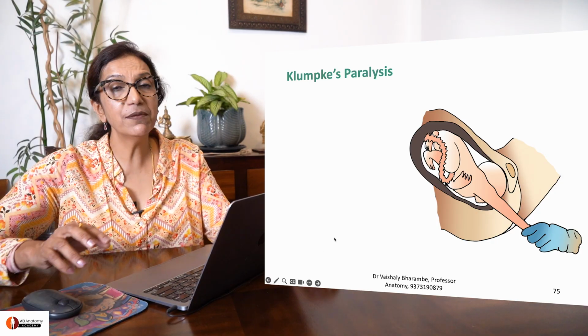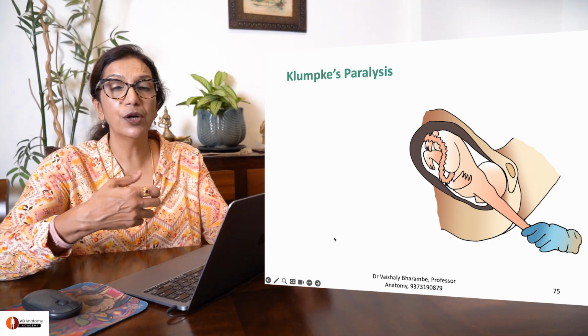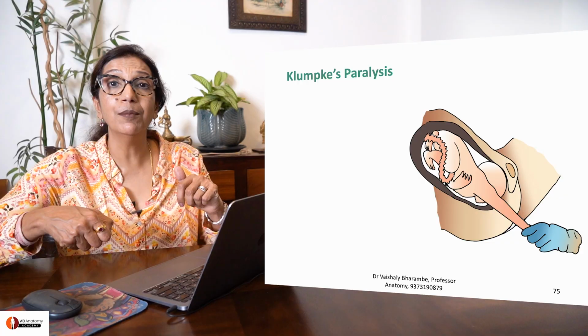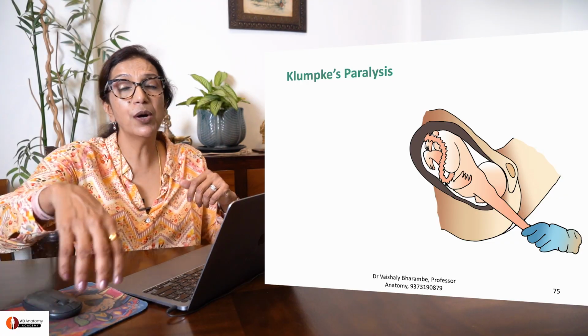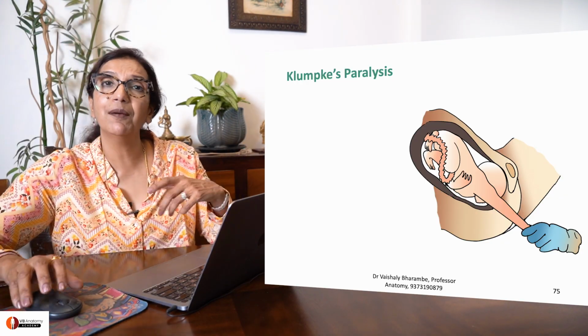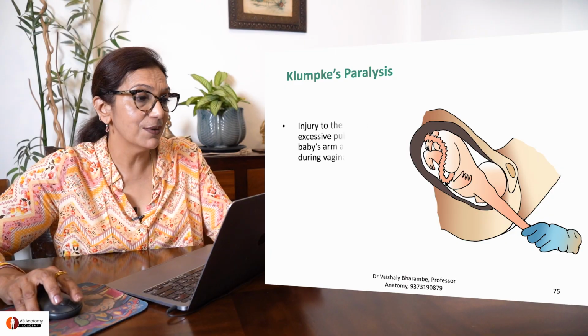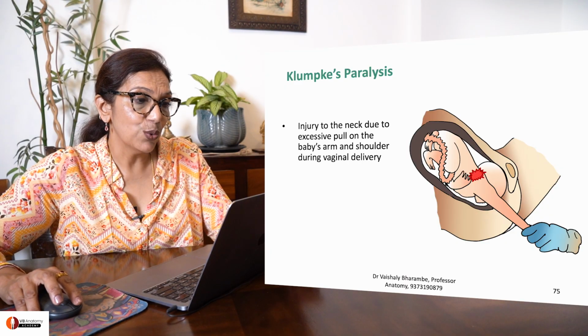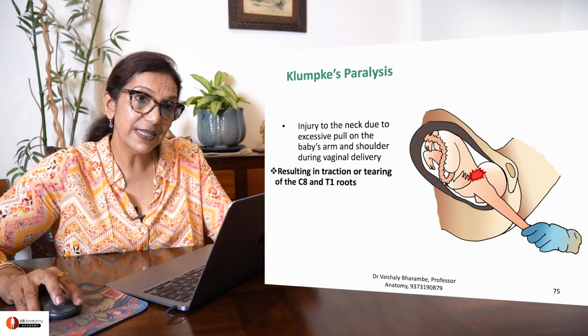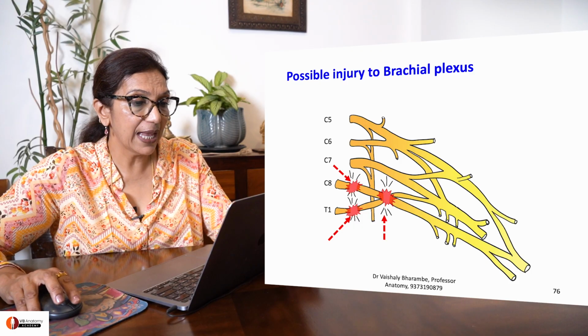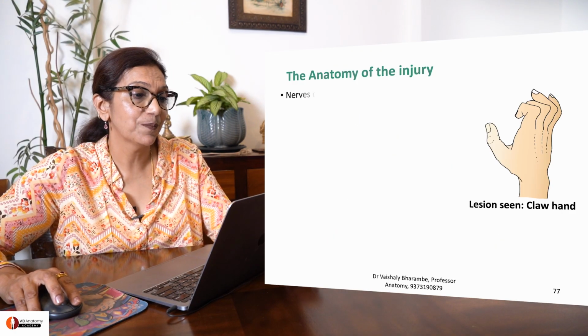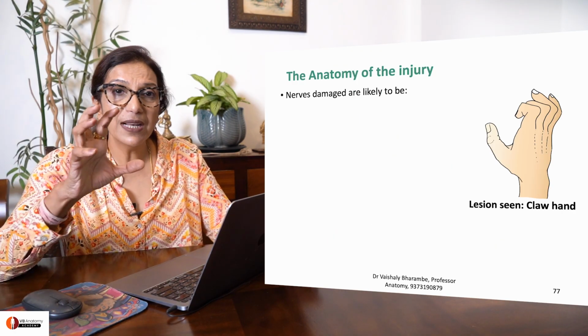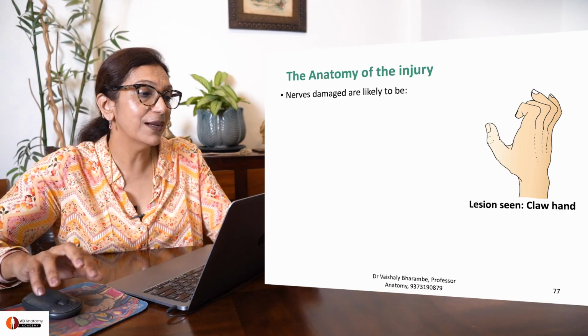Right. Sometimes, when the baby is not getting delivered and the arm has come out, the baby is stuck inside, and you pull the arm, you can damage the C8, T1. Okay. So the resulting C8 and T1 injury can occur in any of these ways. What will happen? The patient will come with a hand that looks somewhat like a claw.